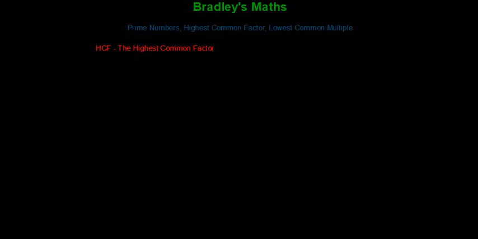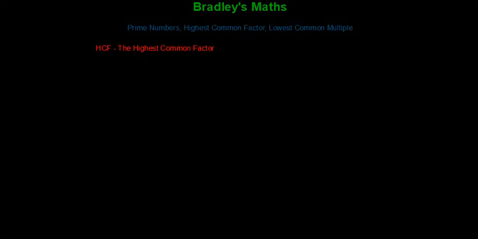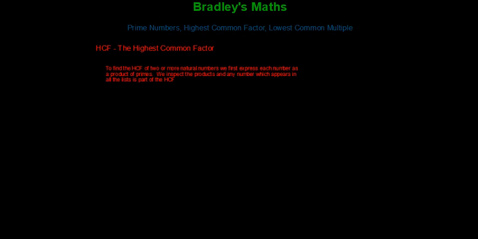Okay, what we're doing now is highest common factor. So what is a highest common factor? Well, if we have two or more natural numbers, we can find the highest common factor of them. That is the largest number that will divide into both of the numbers.